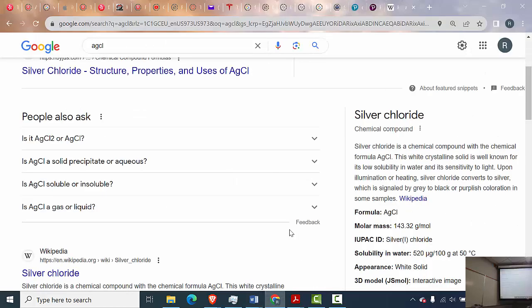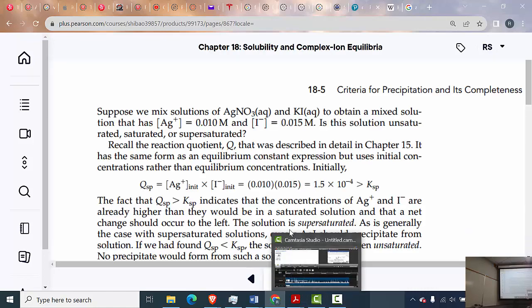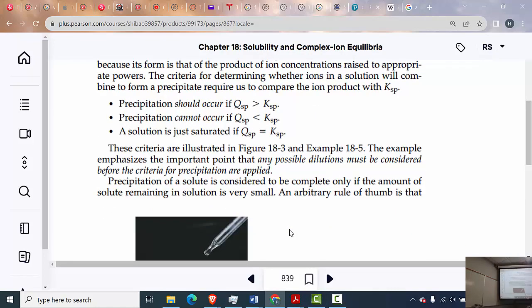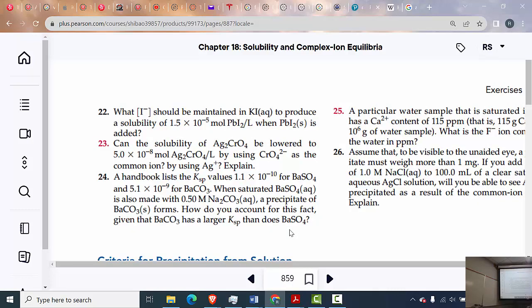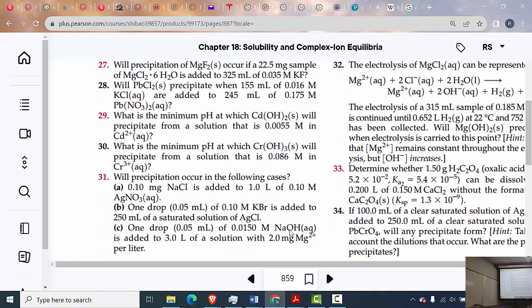I'm just going to worry, will it precipitate or not precipitate? And we will take a look at number 30C. 31C.